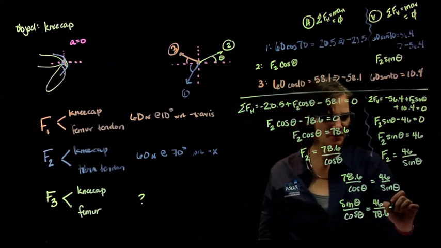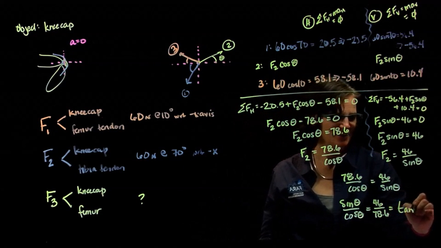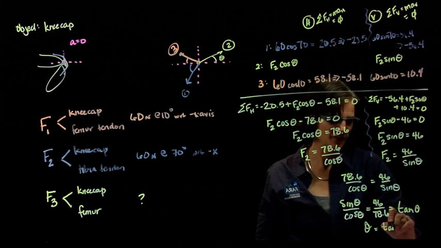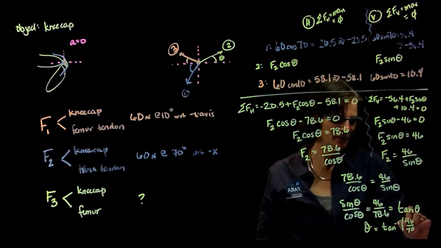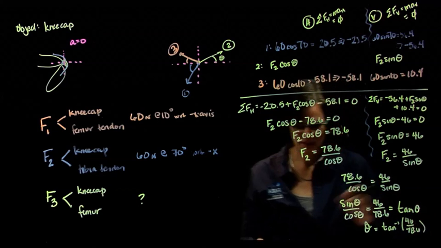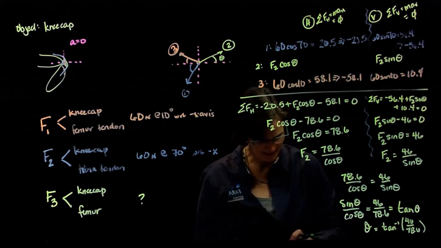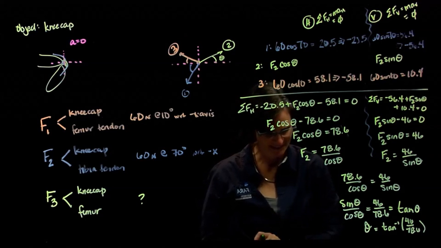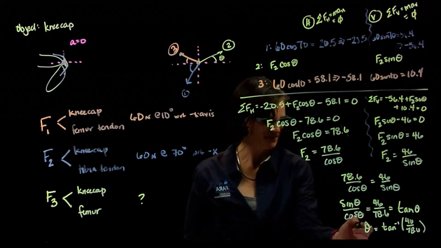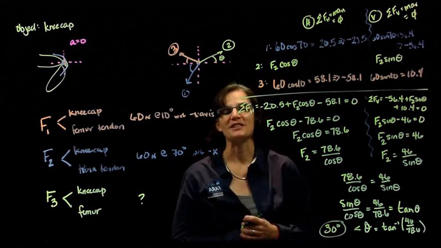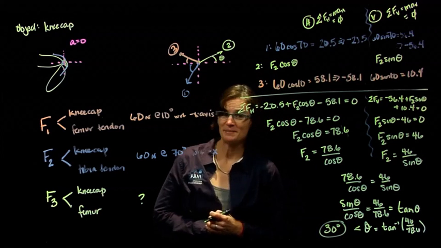So theta is equal to the inverse tangent of 46 over 78.6. If I take the inverse tangent of 46 divided by 78.6, I get 30 degrees. So my angle is 30 degrees for this force.